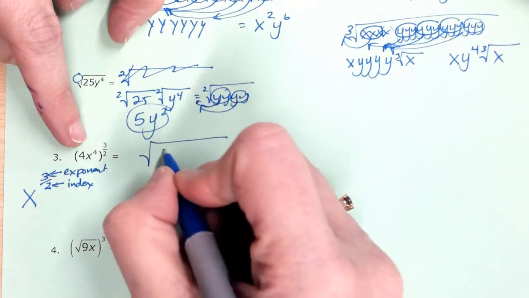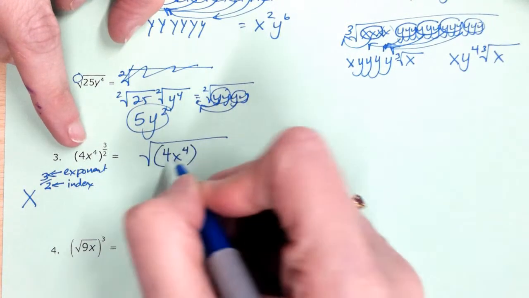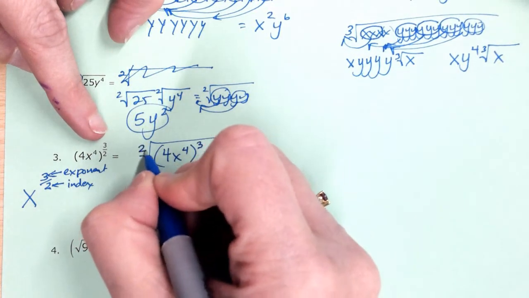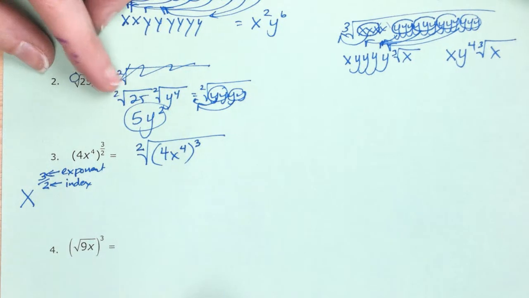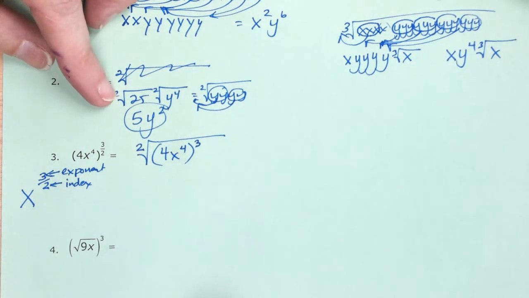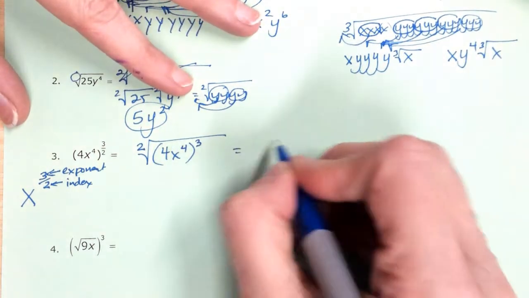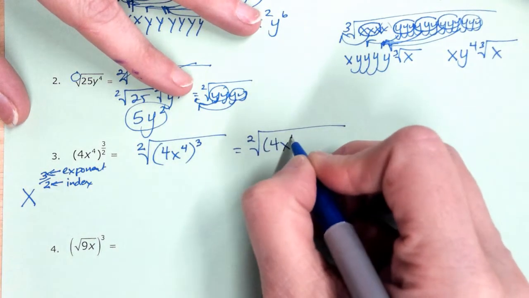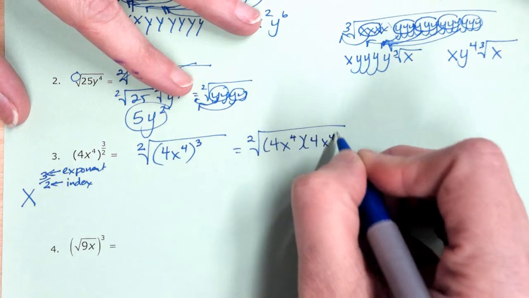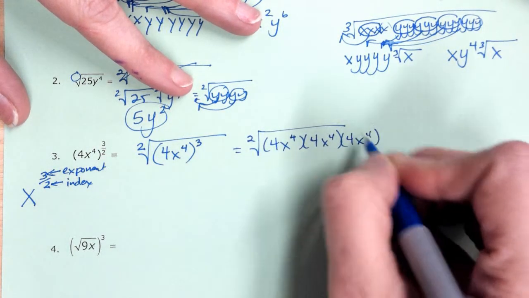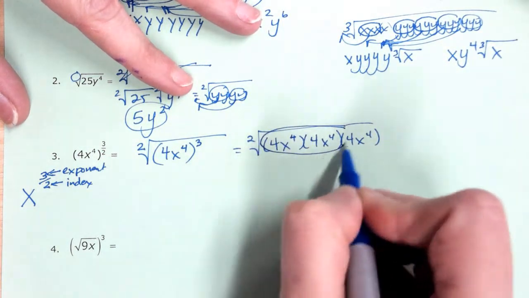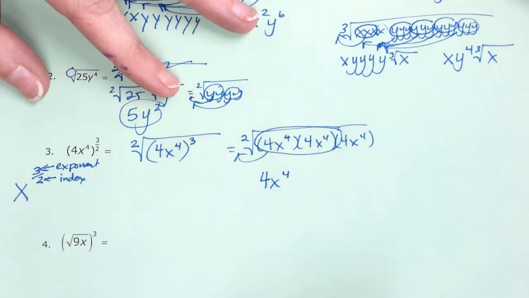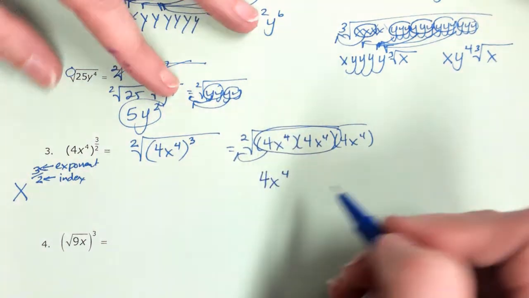If I look at this one, I have 4x to the 4th. The top stays as the exponent, the bottom becomes the index, and it tells me how many I take out at a time. So if I expand this, I have 4x to the fourth, 4x to the fourth, 4x to the fourth. I can take these two 4x to the fourths out, and I have a 4x to the fourth on the outside, because I had to take them out two at a time.